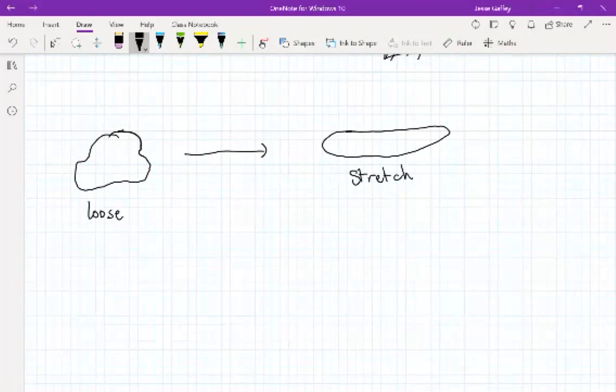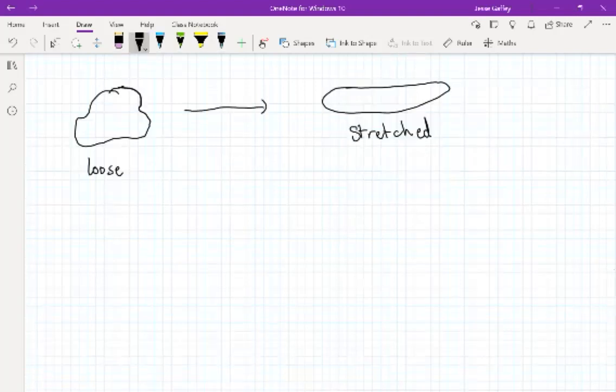Now again, something has happened to the elastic band. And like I told you in the beginning, anytime something happens, energy is involved. So we talk about an energy store here also. And the energy store we talk about is one called the elastic energy store.